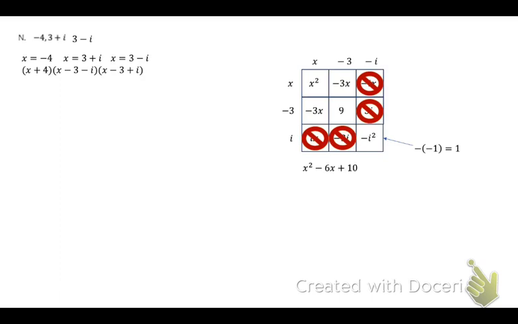So when I pull that all out, I get x squared minus 6x plus 10, and I can put that in up here. So I get x plus 4, x squared minus 6x plus 10, multiply that out, and you get x cubed minus 2x squared minus 14x plus 40.